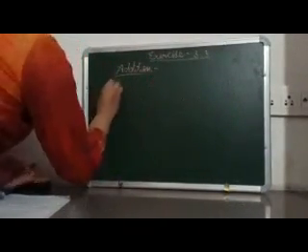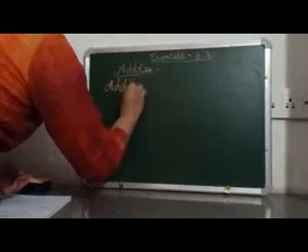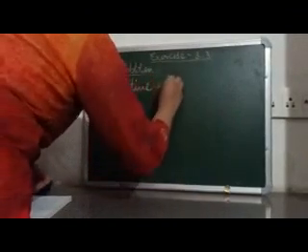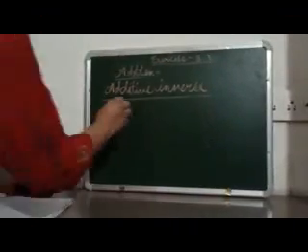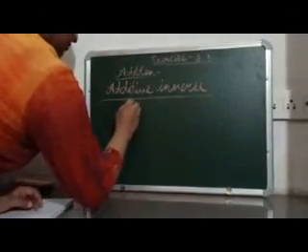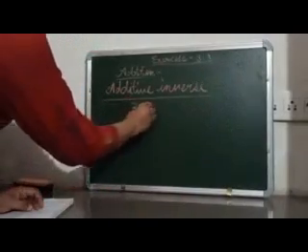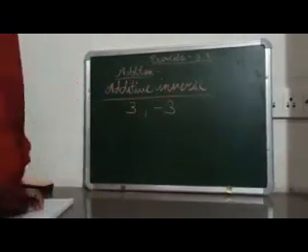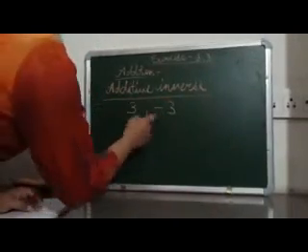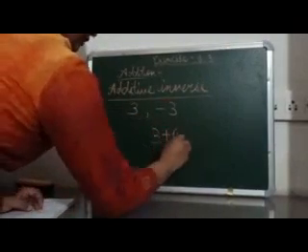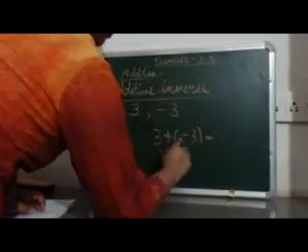Next is the additive inverse. So the sum of an integer and its opposite. Suppose I take 3. 3 is an integer and its opposite is minus 3. So when we add these both, 3 plus minus 3, both the signs are different.